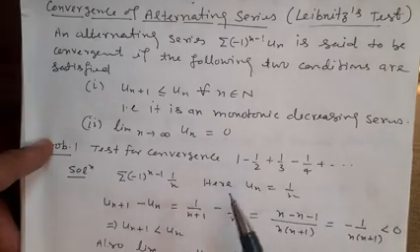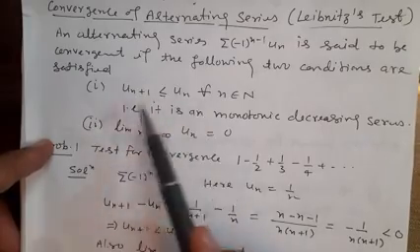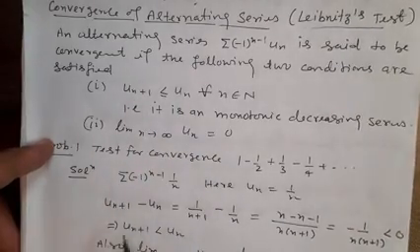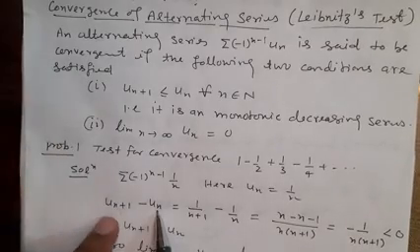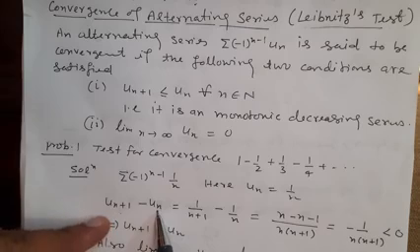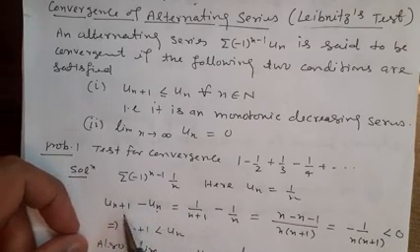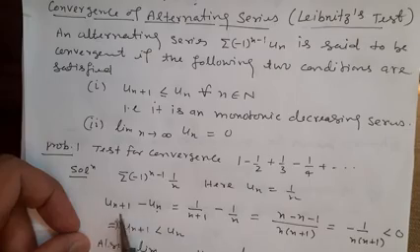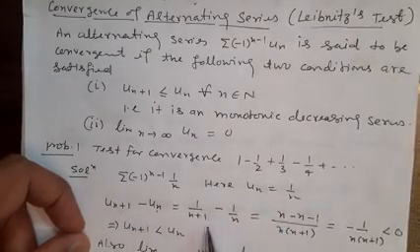So the first condition, how to check this condition? You can take un plus 1 minus un. If this difference is less than 0, then un plus 1 will be less than un. So what about un plus 1? It is 1 upon n plus 1 minus 1 by n.